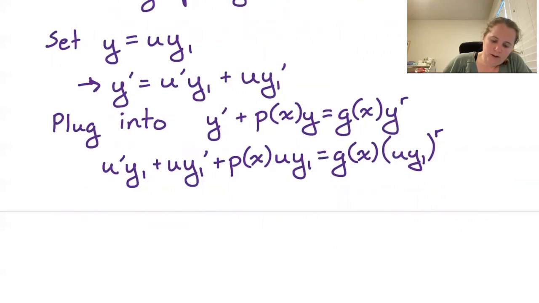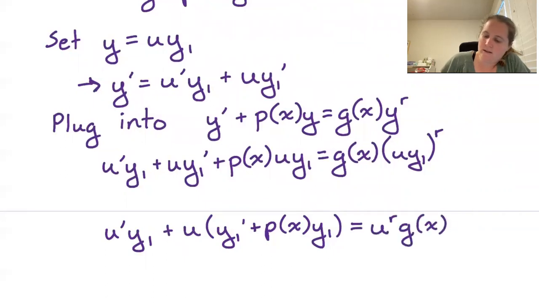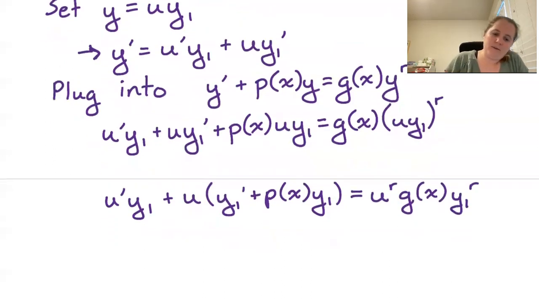Rewriting this a little bit, we have u prime times y1 plus u times y1 prime plus p of x y1 is equal to u to the r times g of x times y1 to the r. Now, this part in the middle, the y1 prime plus p of x y1, this whole thing just goes to 0 by definition of y1.